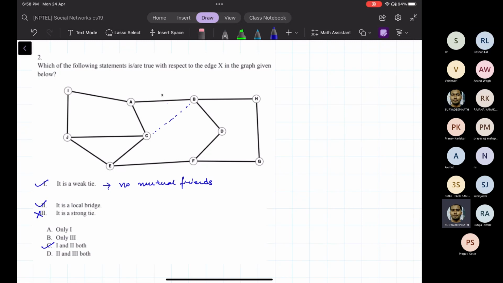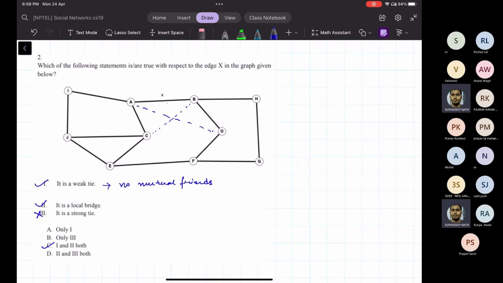Excuse me, sir. Yeah, go ahead. For a strong tie, there must be a mutual friend of A and B. It means a triadic closure must exist. Yeah, the strong triadic closure property must hold. So if X was a strong tie, then at least C should have been a friend, or maybe D could have been a friend, either or.